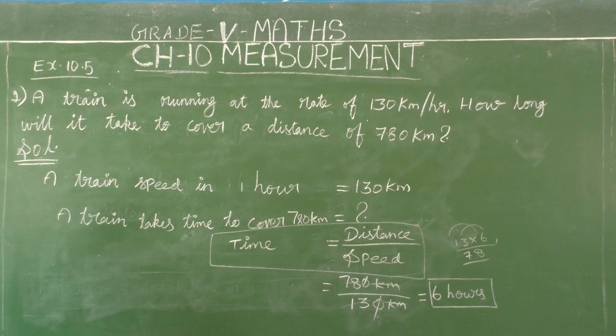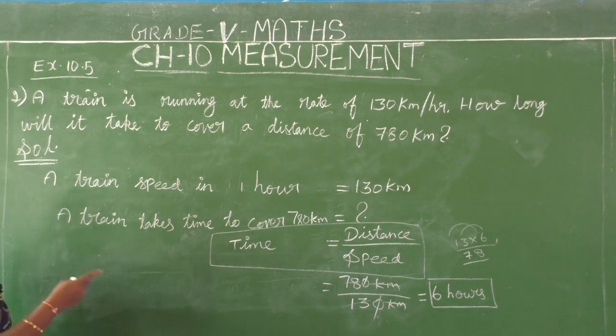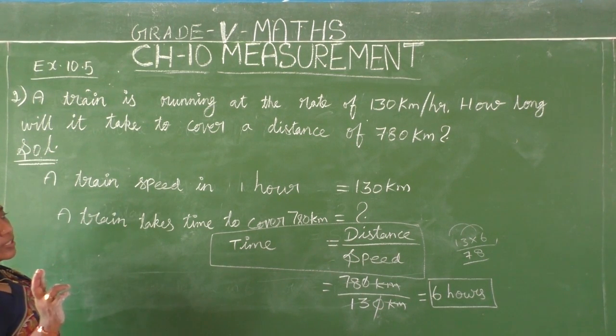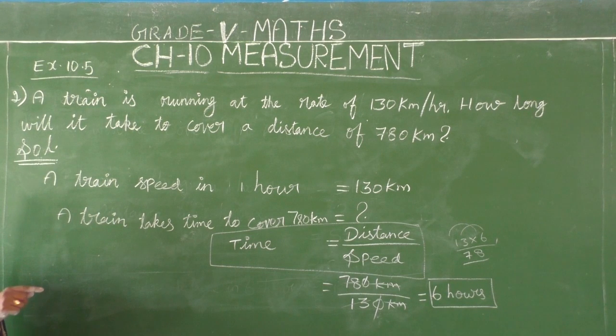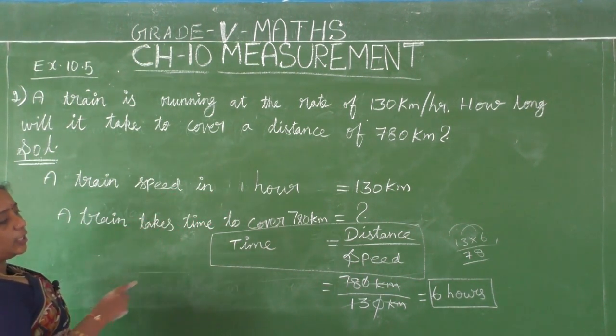Okay, one more time I explain to you. A train is running at the rate of 130 kilometer per hour. How long will it take to cover a distance of 780 kilometer? Here they gave the speed and the distance also, but they didn't give the timing. Now we are going to find out the timing only. So for that you have to use the time formula. The time formula is distance by speed. The distance they are asking is 780 kilometer.